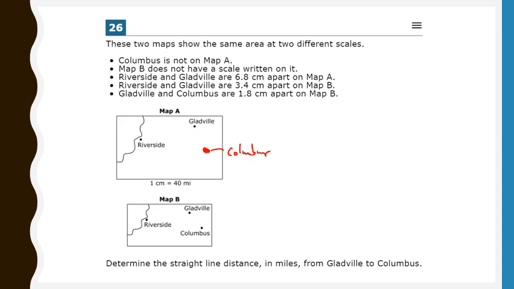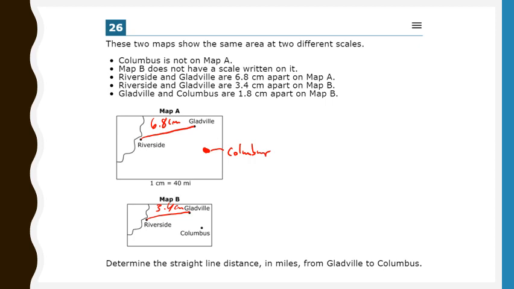It says Riverside and Gladville are 6.8 centimeters apart on map A. So Riverside and Gladville create a line, as I'm drawing here, and it's 6.8 centimeters. Riverside and Gladville are 3.4 centimeters apart on the second map. So this is 3.4 centimeters here.